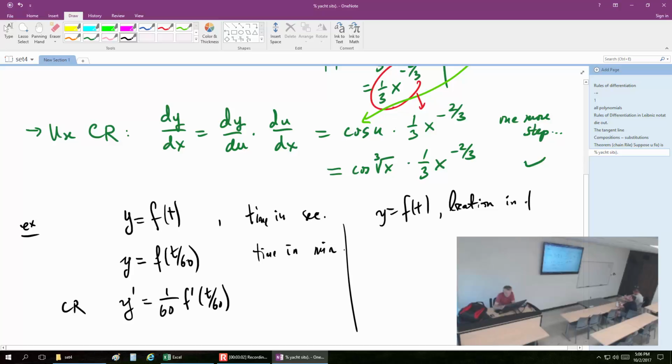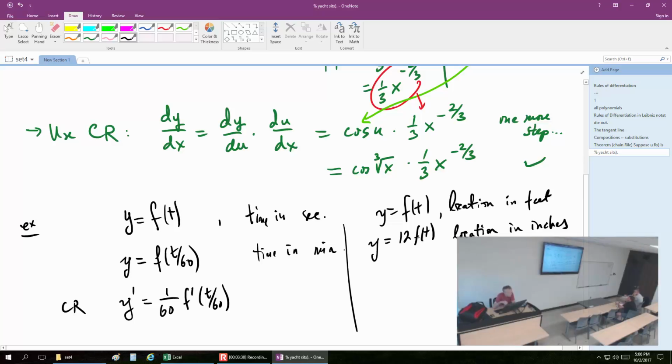Well, how about in feet? Okay, location in feet. Now I want location in inches. What is the function? Y equals function of 12t. That's right. 12 f of t.